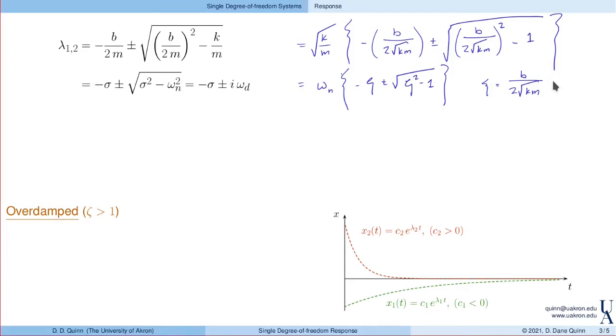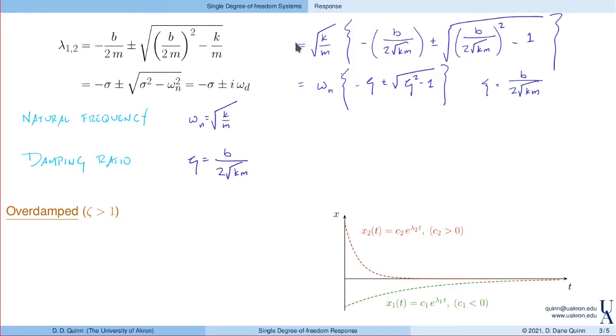So again, if we want to relate all of these parameters, I have the natural frequency, and there, omega n is defined as the square root of k over m. And I have the damping ratio. So zeta is b divided by 2 square root of km.